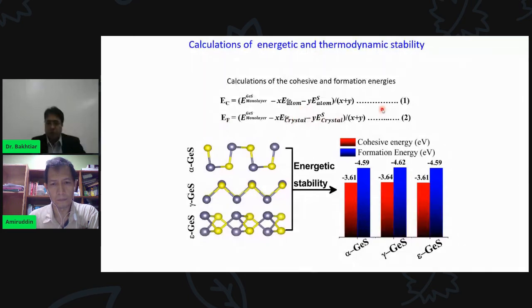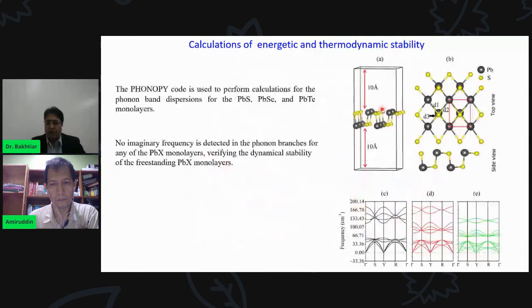Besides this, one can also investigate the dynamic stability by calculating the phonon band structure. Phonon band structures give information about the stability. Like here are the phonon band structures we determined for the lead sulfide, lead selenide, and lead telluride monolayers.